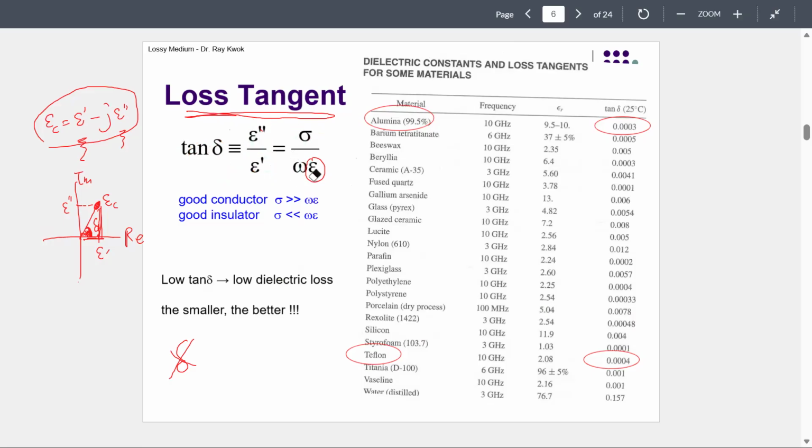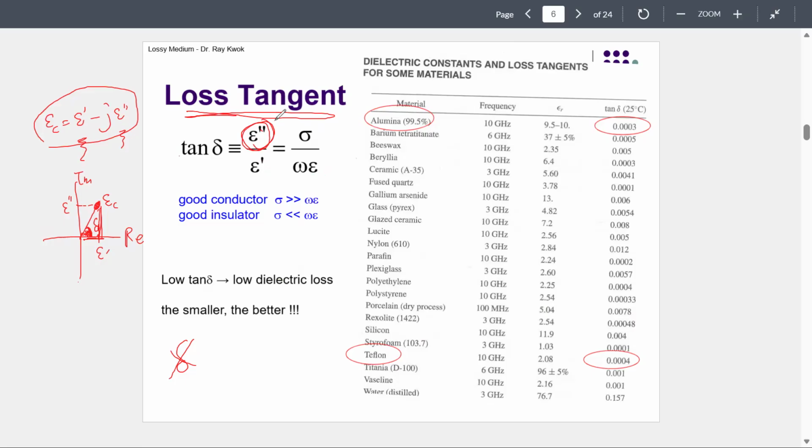So what does loss tangent tell me? It basically tells me how lossy my material is. As a double E, you have to know this parameter. When you design a circuit board, people ask you what kind of circuit board you use. It's not always FR4. FR4 is only for very low frequency, very low power.